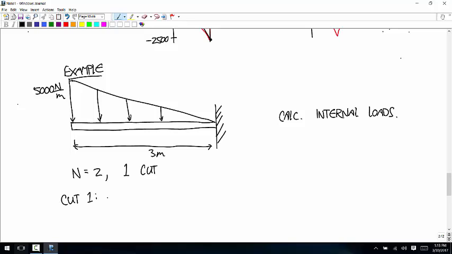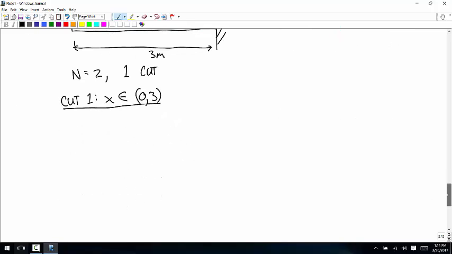But let's look at that cut, and it's going to be a real downer. So cut 1 is valid for x's between 0 and 3. That's the piece we're isolating.